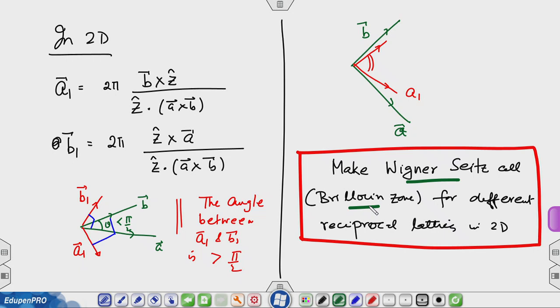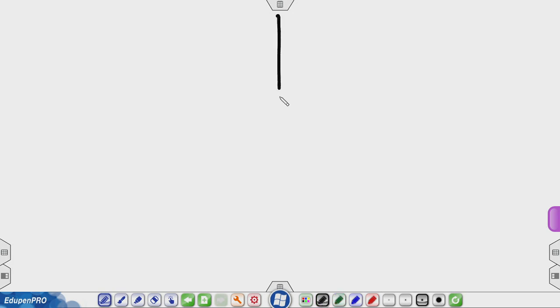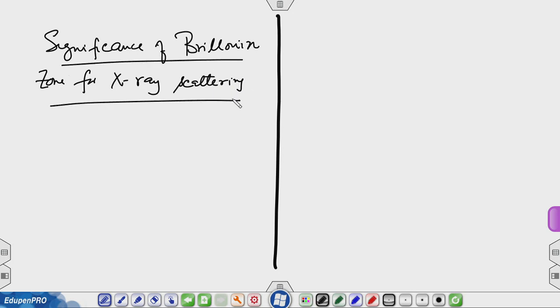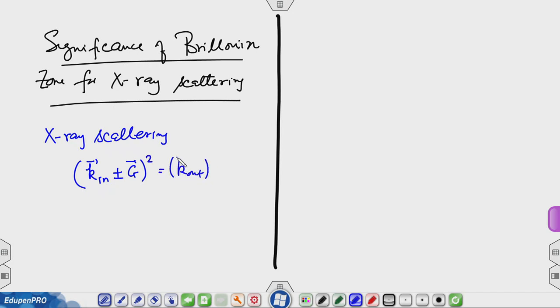Now, what was the significance of the Brillouin zone? What we learnt is that for X-ray scattering, we get a bright spot if (k_in plus or minus G) squared is equal to k_out squared.